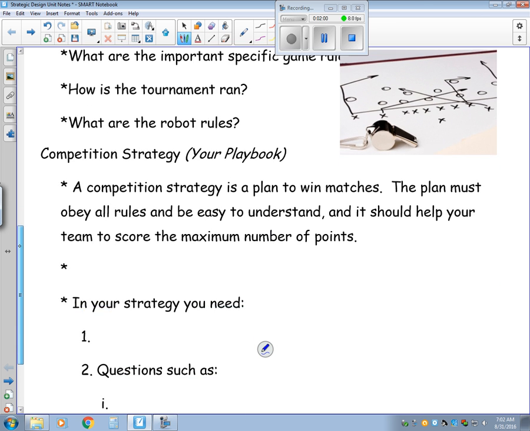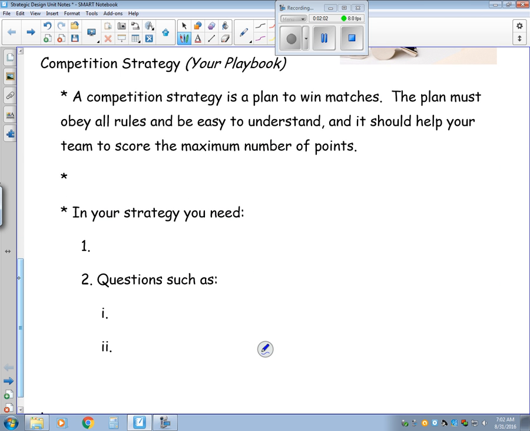All right, the next part I want to talk about is how to make a competition strategy. This is your playbook. It's a strategy, a plan to win matches. The plan must obey all the rules, be easy to understand, and it should help your team score the maximum number of points. So when you go into a competition, you never want to wing it.